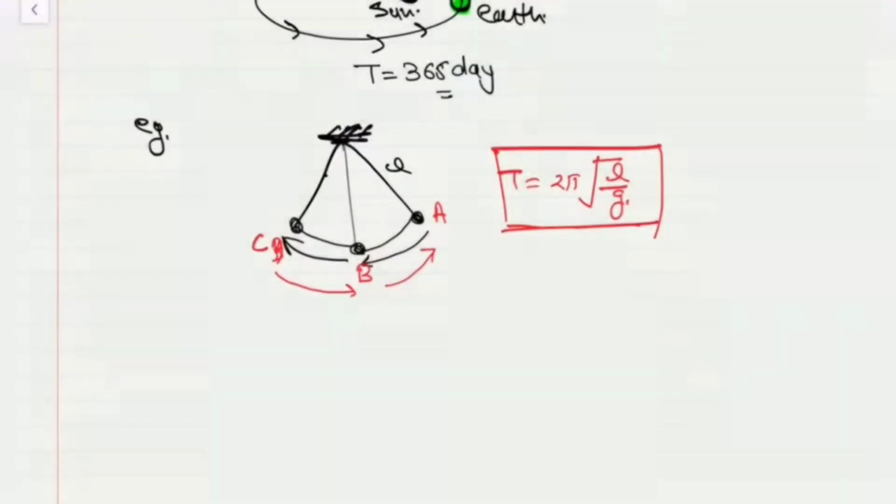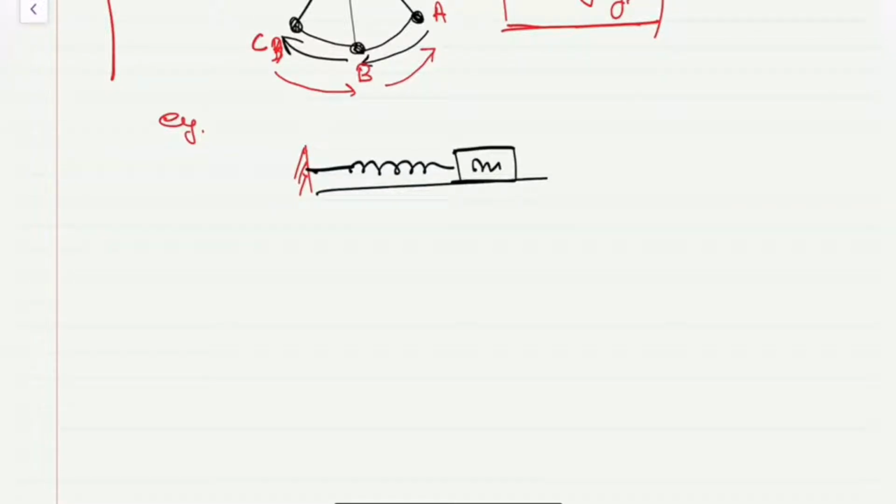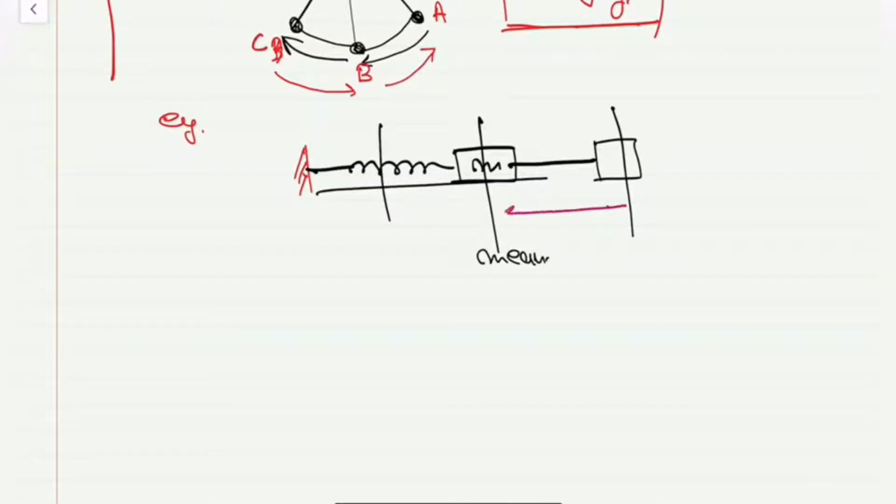Another example of periodic motion is the motion of a spring mass system. Suppose this is a spring mass system in which a block of mass M is connected, and if we stretch this block it will move to and fro about the mean position, from this point to this point. Then it will come to the mean position, then go to the final position.